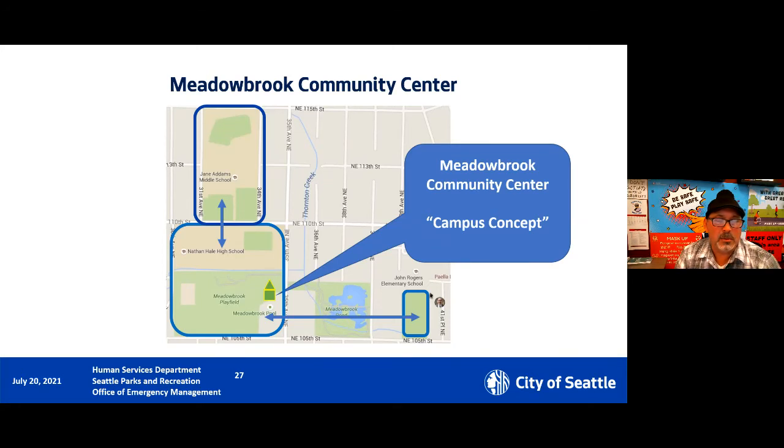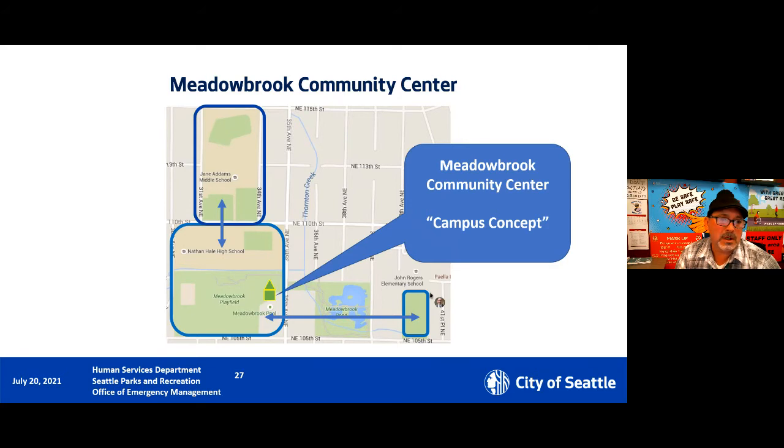The graphic in the middle of the slide shows an aerial map with Meadowbrook Community Center in the middle. That's kind of outlined in kind of like a greenhouse. The playfield is just adjacent to the west side of the community center. And then to the north is Nathan Hale High School with the ball fields.